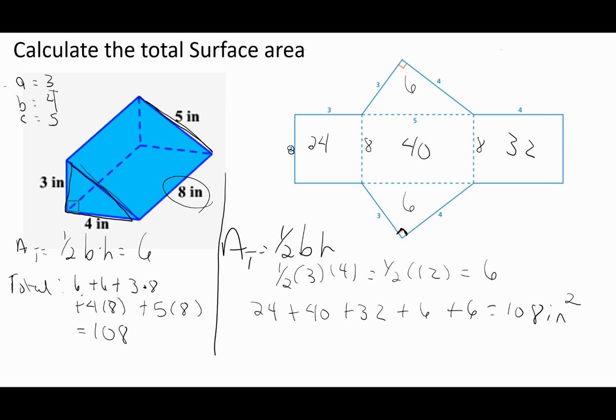So this is area of the base, one side times the height, one side times the height, one side times the height to give you your total. There are two ways of doing the same problem.